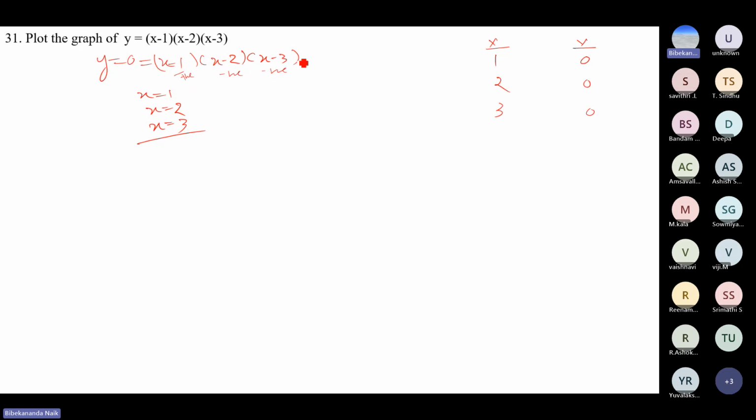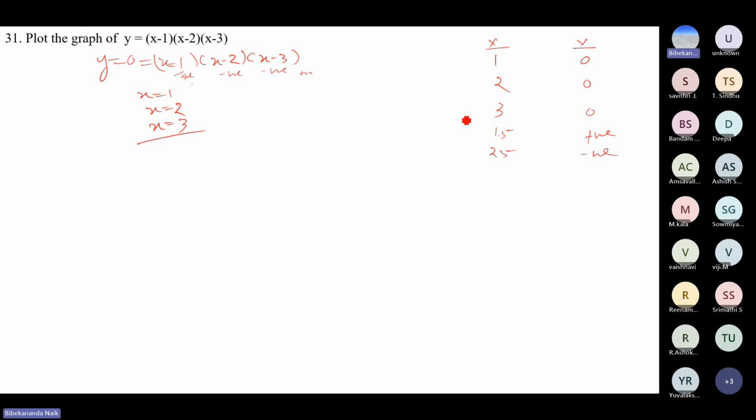So the product will be positive. So at 1.5, the value will be positive. Similarly at 2.5, two factors are positive, but one is negative. So at 2.5, the value will be negative.